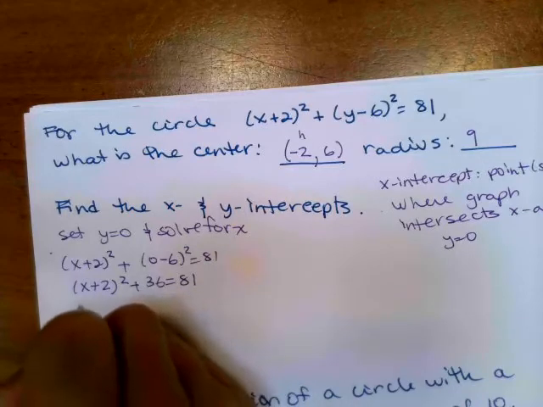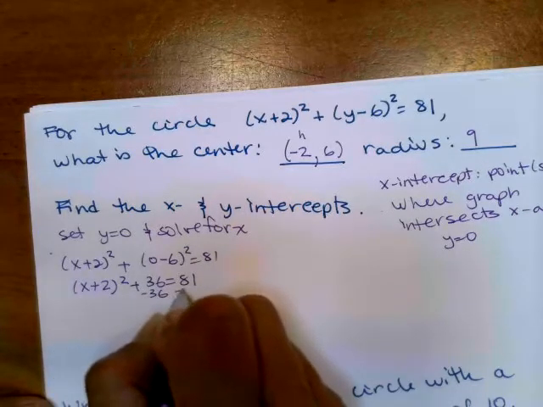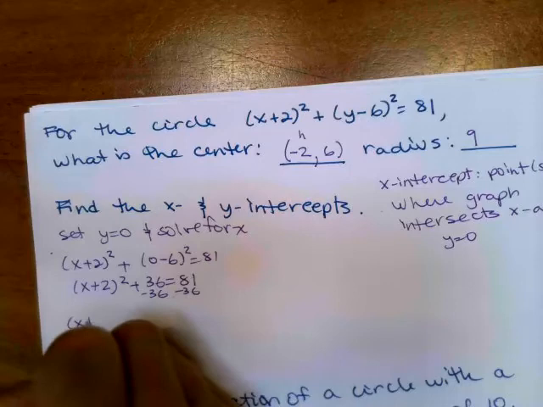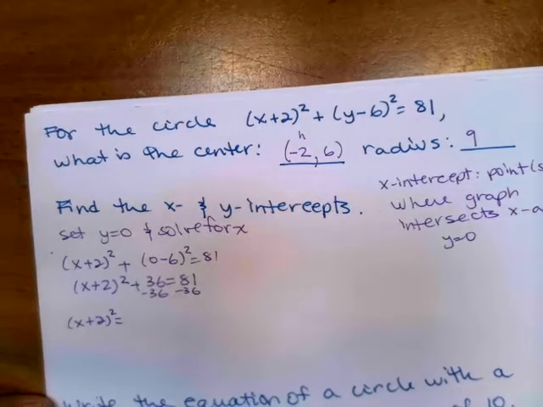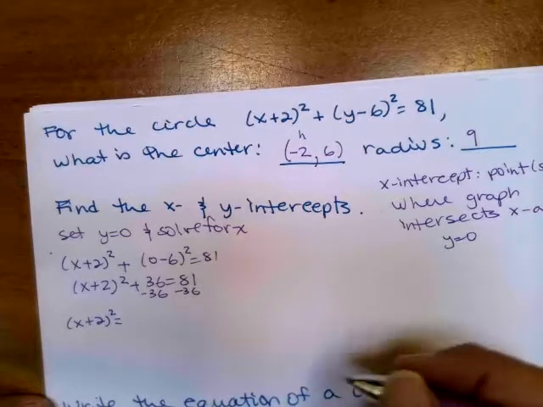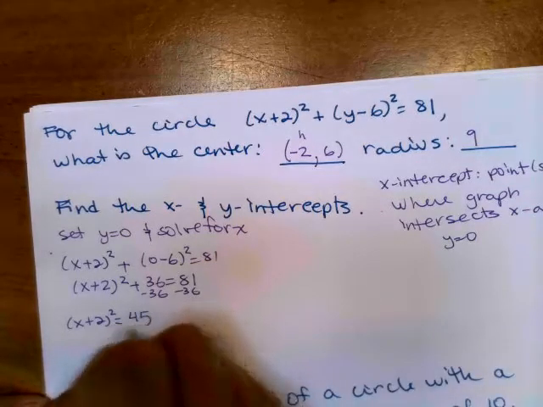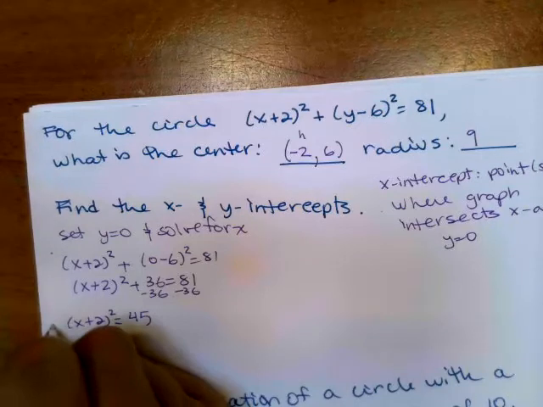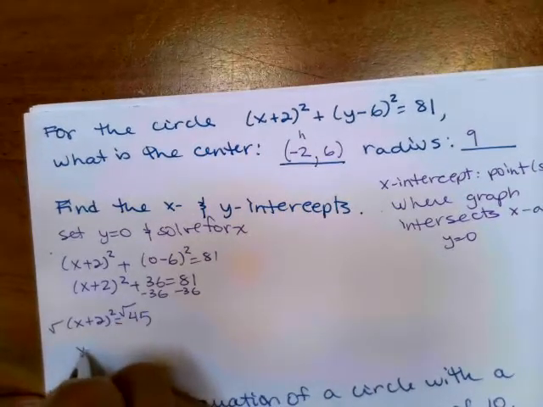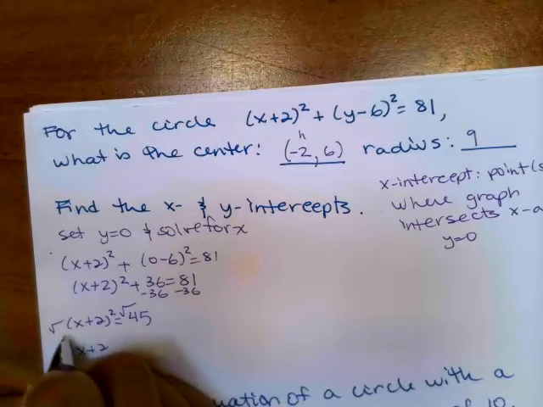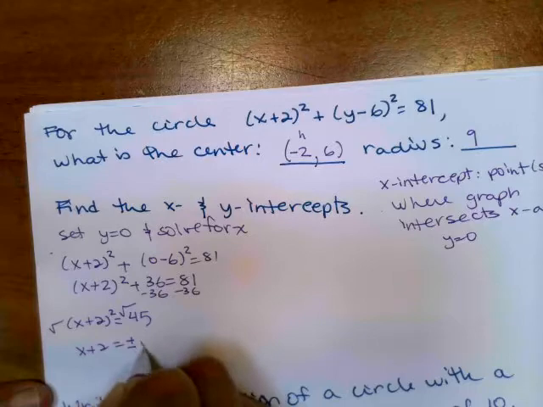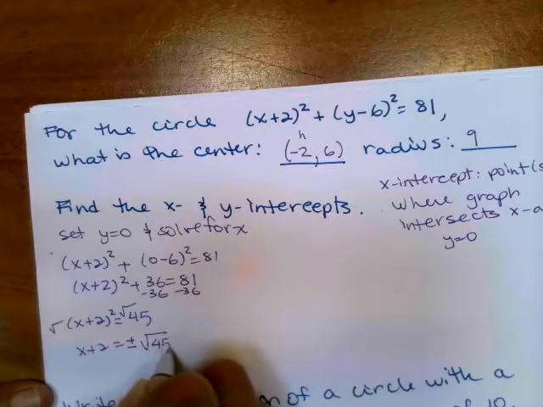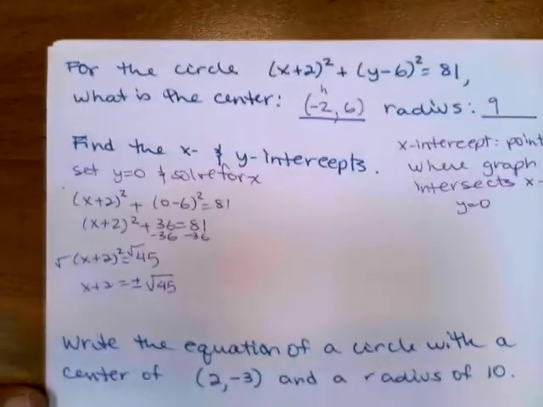Subtract the 36 from both sides. So (x + 2)² equals, I'm not going to trust my subtraction, 45. Square root both sides. So x plus 2, because the square root and the square go away. The square root property requires the plus or minus square root of 45.